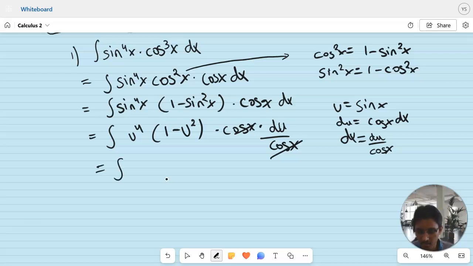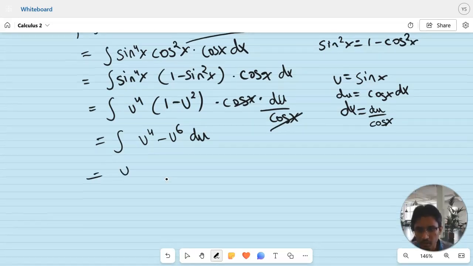Now we can just do the normal process of integrating. We multiply out u to the fourth times 1 minus u squared, giving u to the fourth minus u to the sixth, and we use the normal power rule for integration. So it's going to be u to the fifth over 5 minus u to the seventh over 7 plus c.